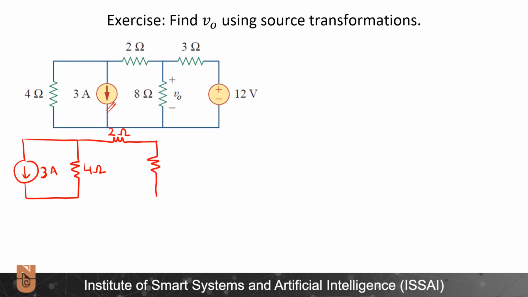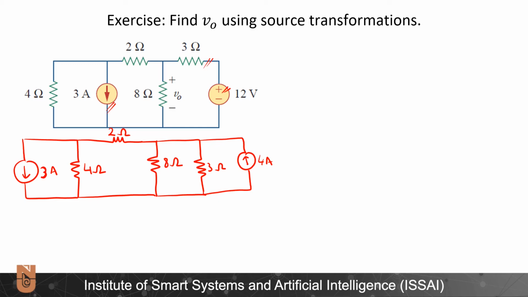Here I have my 8 ohm resistor. And let me do my first source transformation. I will put this 3 ohms here, and I will put here a 4 ampere current source pointing upward because the plus sign is towards the 3 ohms.